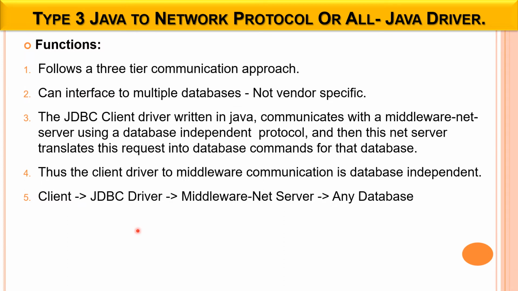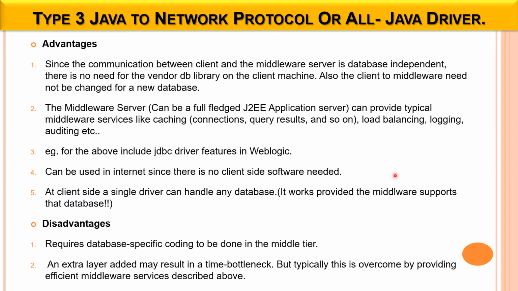Thus the client driver to middleware communication is database independent, and the communication from client to JDBC driver to middleware net server to any database is shown with type 3, that is Java to network protocol, all Java drivers. There are some advantages and disadvantages of type 3 also.